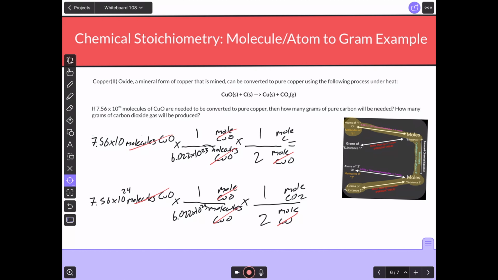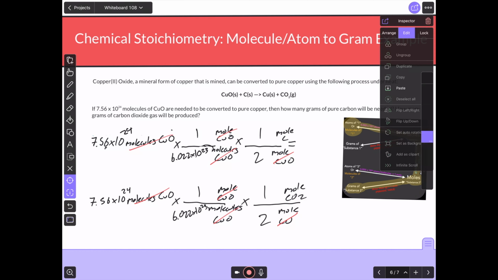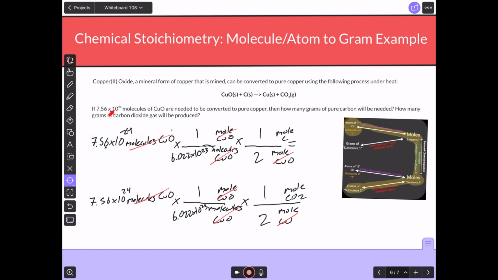So let's review what we did in the last part, just so that we're on track here. Remember, we started with the molecules. So we have this many molecules of copper oxide. We first need to get it to moles of copper oxide. That's this step.